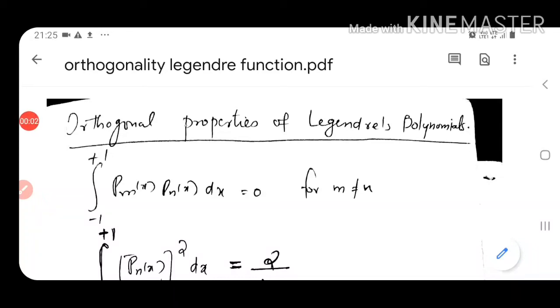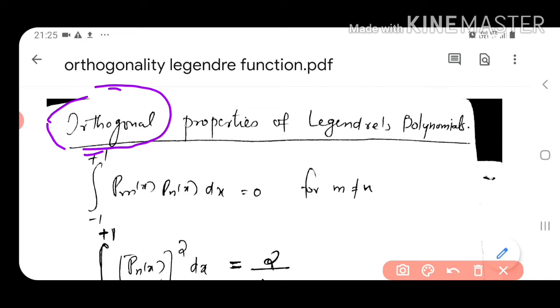Hi, today we are going to see orthogonal properties of the Legendre polynomials. Orthogonality of Legendre polynomials, we are going to see here the orthogonal property of the Legendre polynomials.